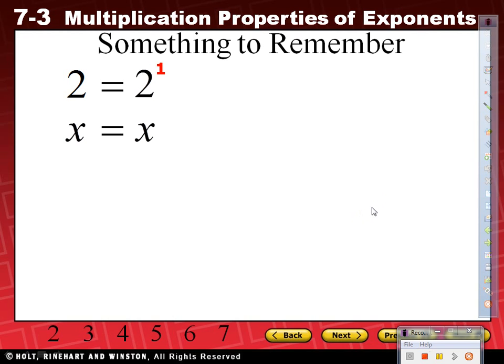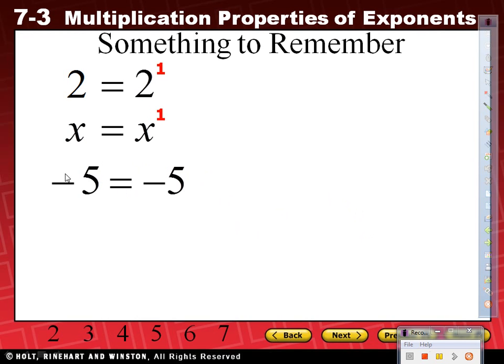What if you see negative 5? You write the exponent of 1. We'll get there later. But for right now, does everybody understand that? On the number, you're going to write the exponent, yes?